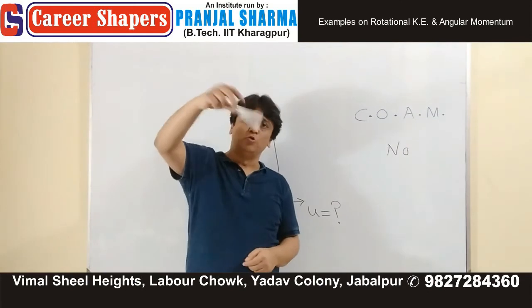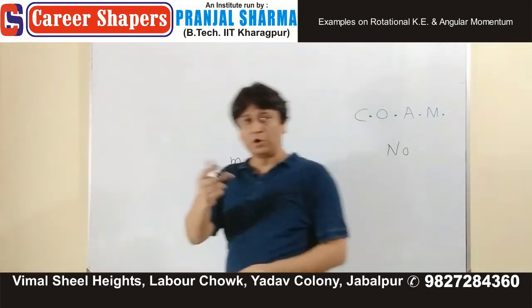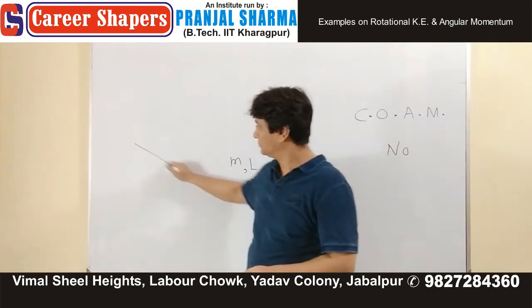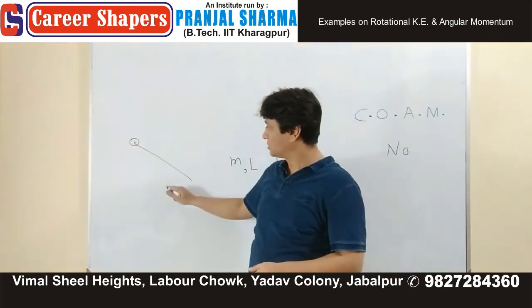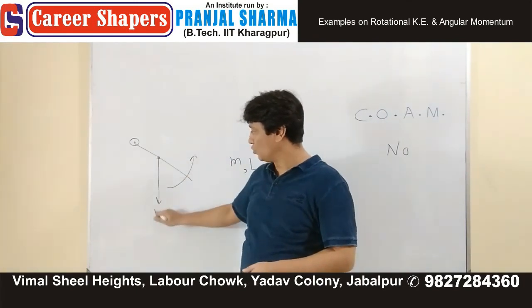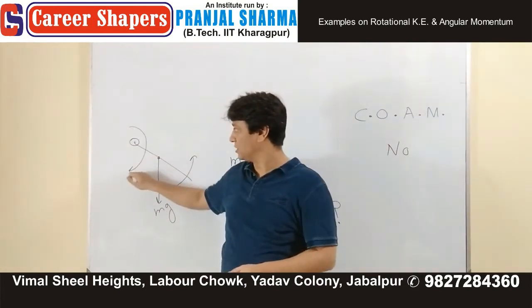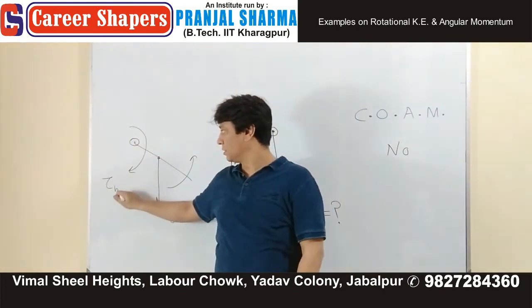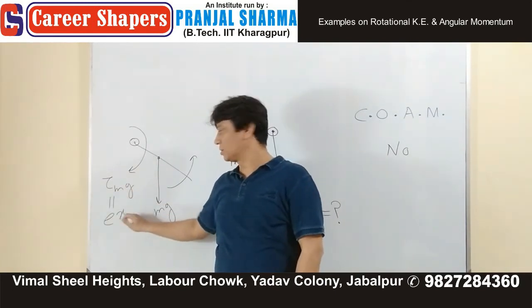जैसे ही रॉड ऊपर जाएगी, थोड़ी देर बाद रॉड ऐसी हो गई. जब ये यहां पर है, it is going up, लेकिन mg कहां लग रहा है? Downwards. So you have a torque of mg, which is an external torque.